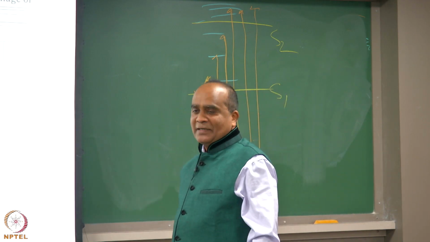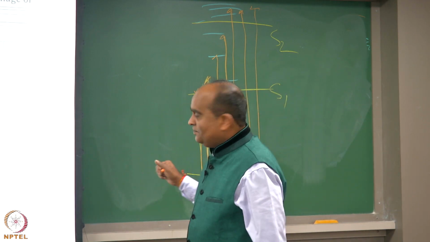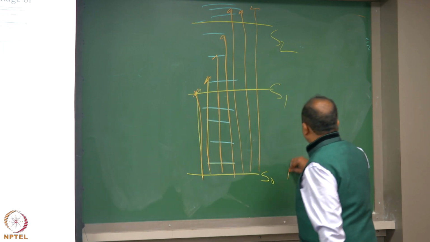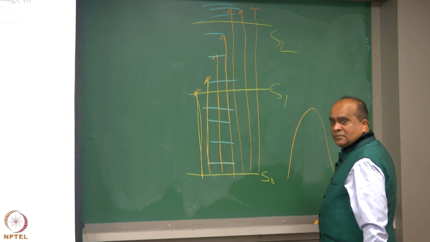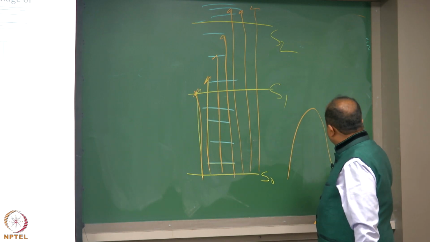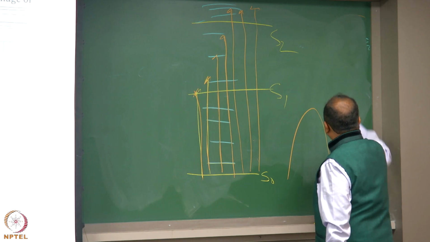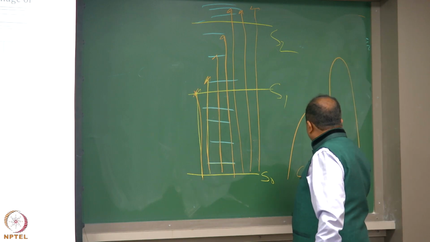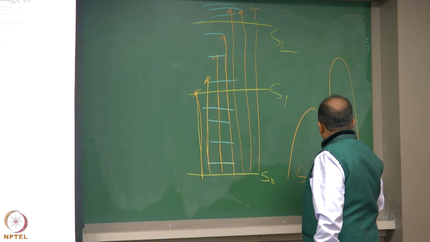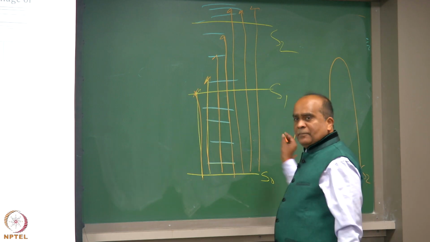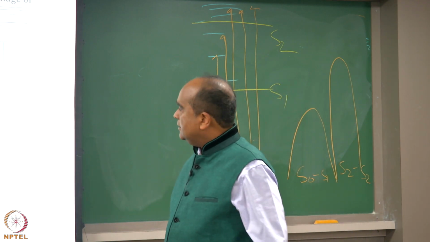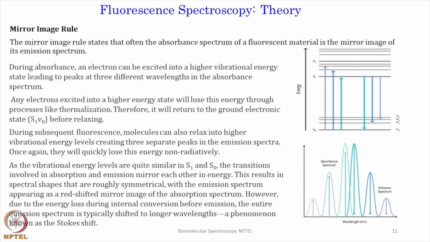Let us draw the spectra for this absorption. S0 to S1, S0 to S2. This kind of absorption we can have, right. When it is coming back, what should it show?